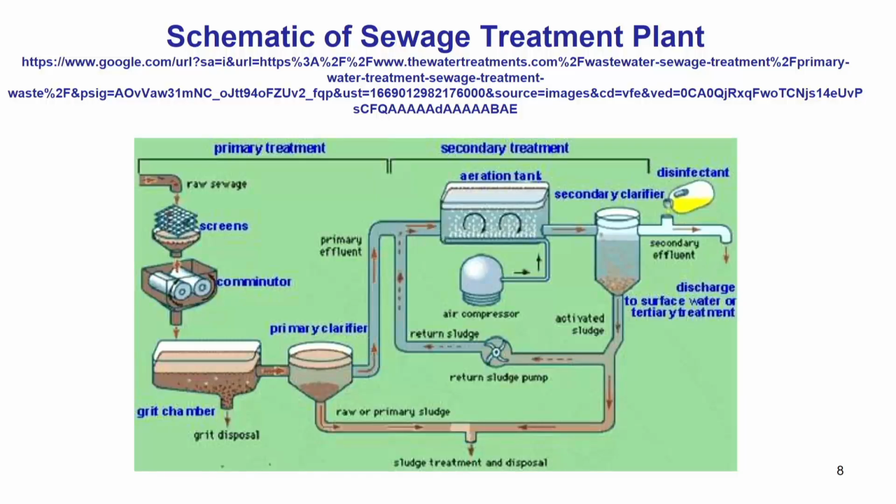Now, the schematic of sewage, which I have already discussed. There is RAS sludge, screens, then a comminutor and a grit chamber, so grit disposal, and then the primary clarifier, and then the wastewater goes to the aeration tank, from the aeration tank to the secondary clarifier, and then some portion of the activated sludge is recycled and the rest goes for further treatment and disposal.